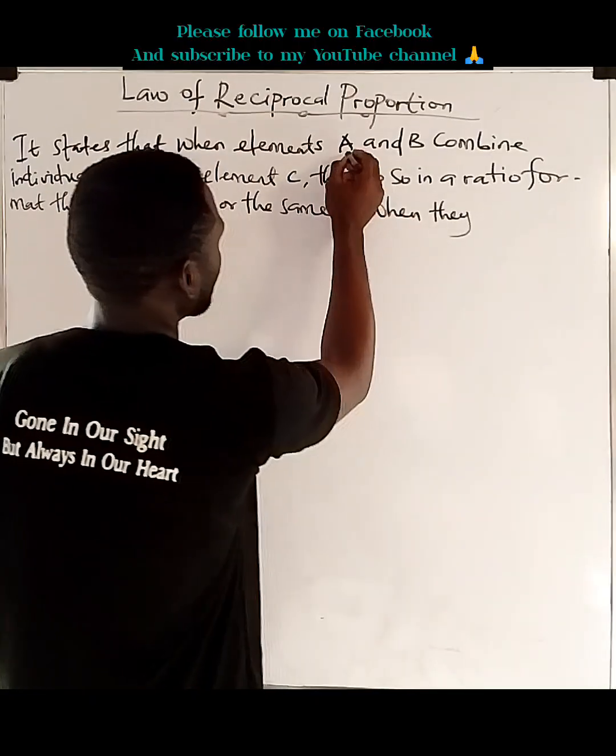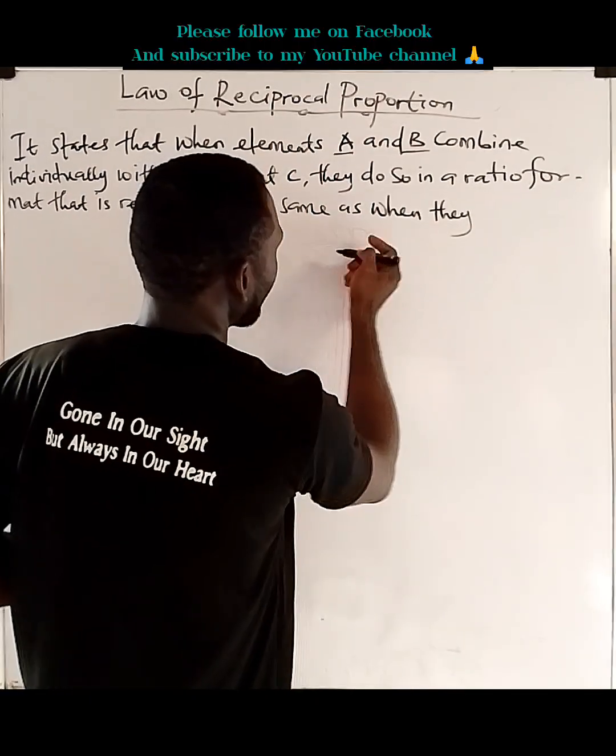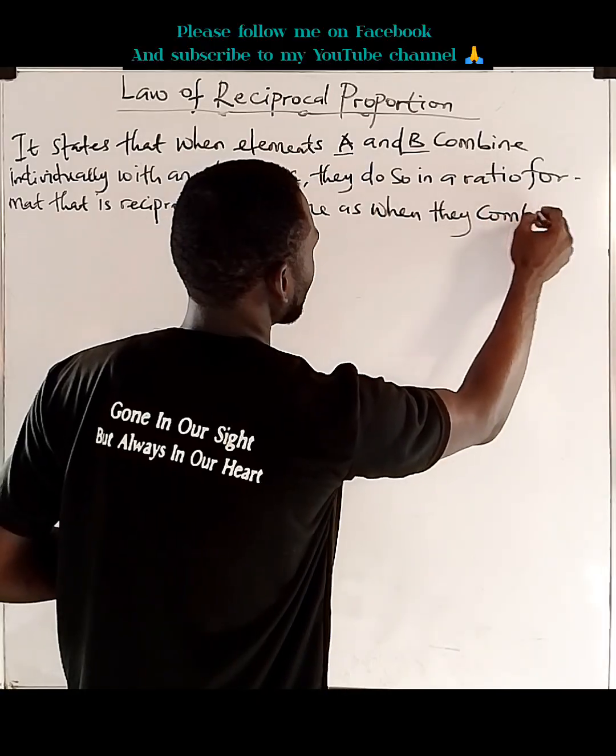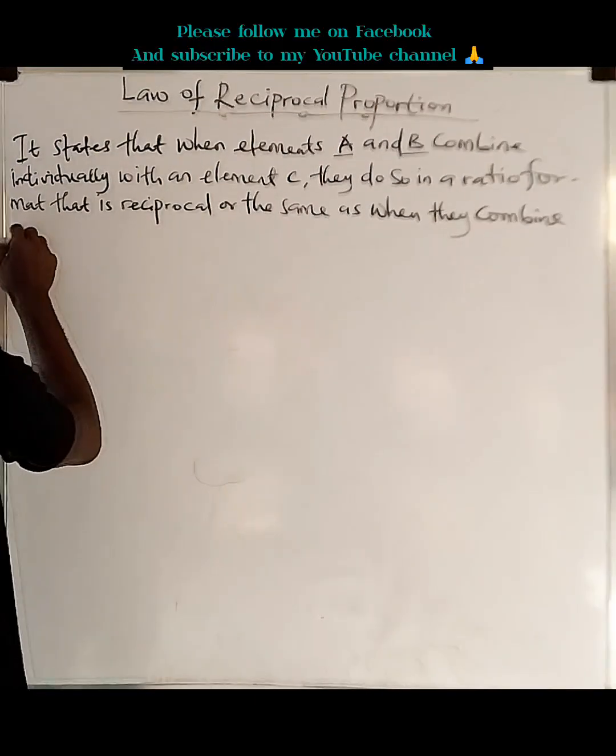When we talk about they, we're talking about elements A and B, as when they combine directly.